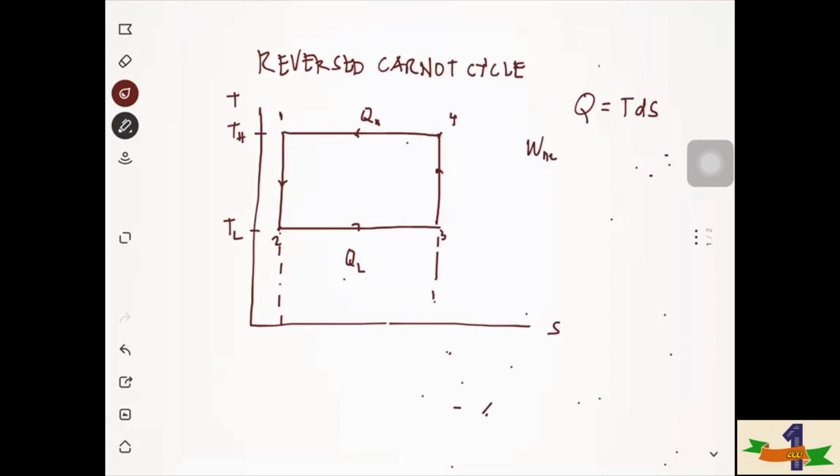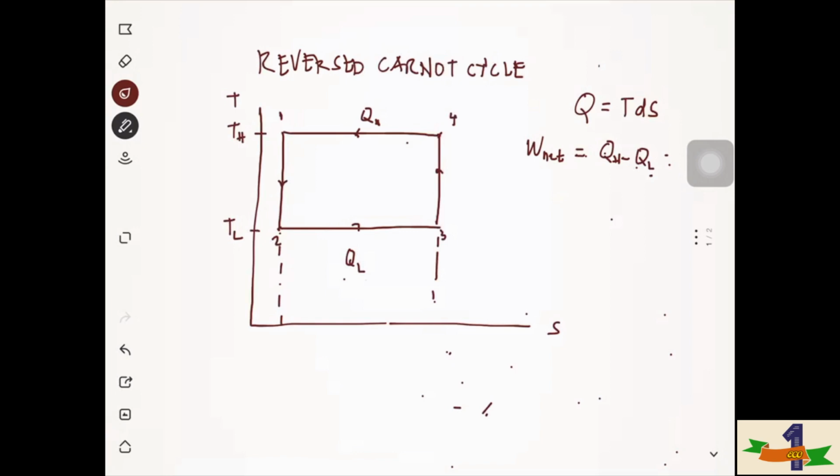So we know that we have this work net. Our work net would be QH minus QL.